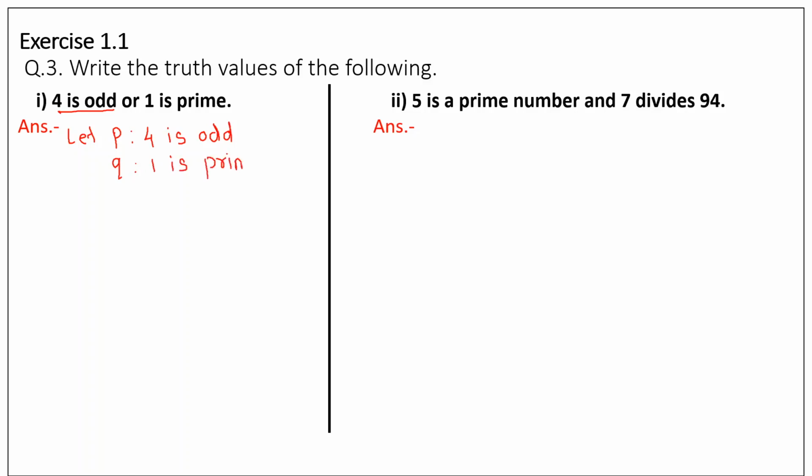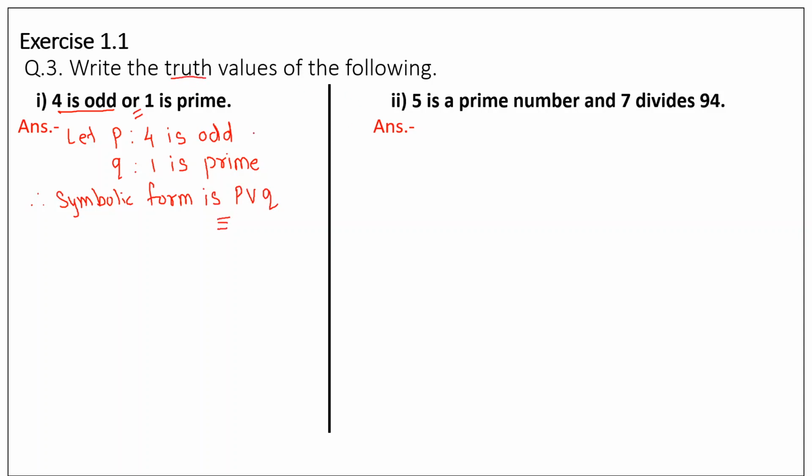Now what will be the symbolic form? As OR is used, it is a disjunction, P or Q. So this is the symbolic form, but we have to find its truth value.